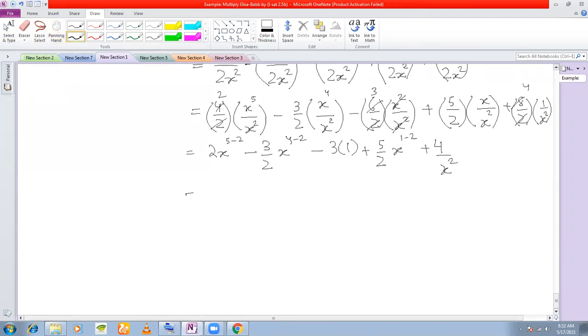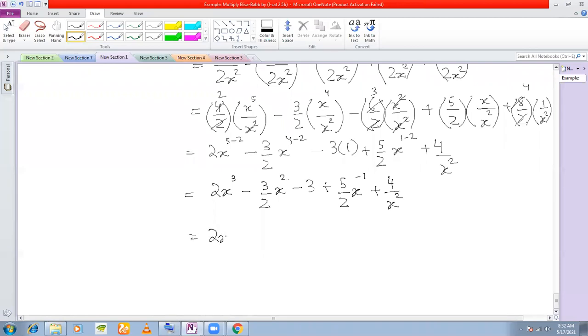In the next step, we'll simplify the powers. 2x to the power of 5 minus 2 is 3, minus 3 by 2 x square, minus 3, plus 5 by 2 x to the power of minus 1, plus 4 by x square.